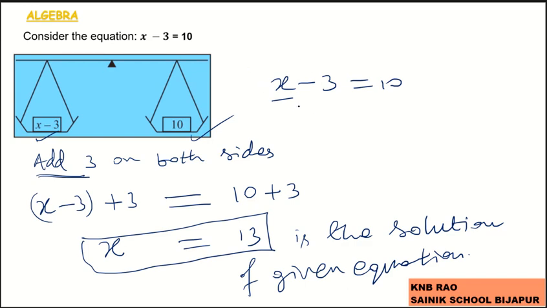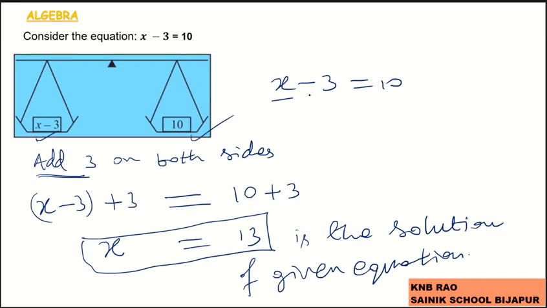It is very simple. You have to do the reverse operation. If it is subtraction, I have to do the reverse, addition, with the same number. So, earlier when there was a plus sign, I subtracted. When there is a minus sign, I am adding.